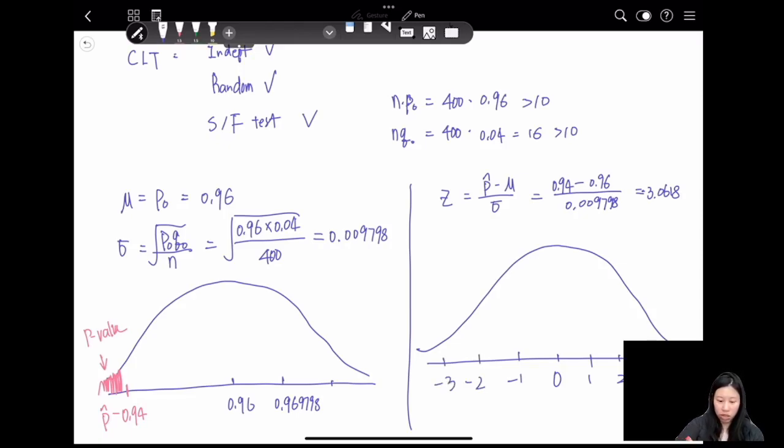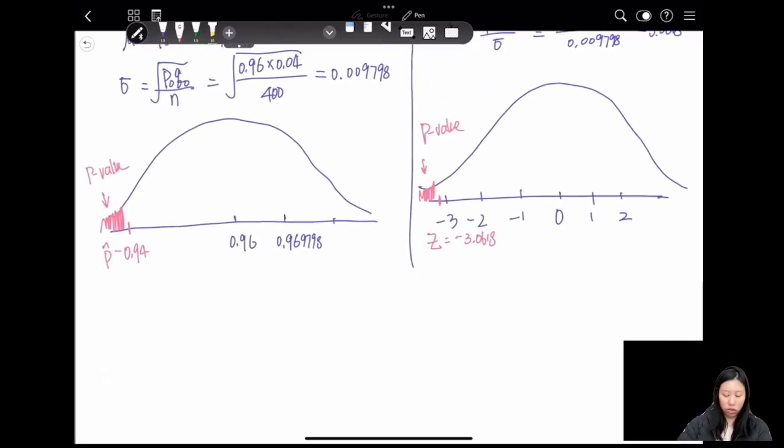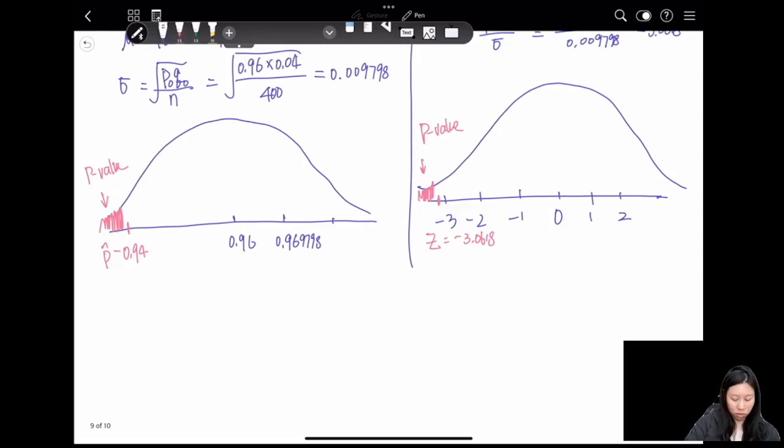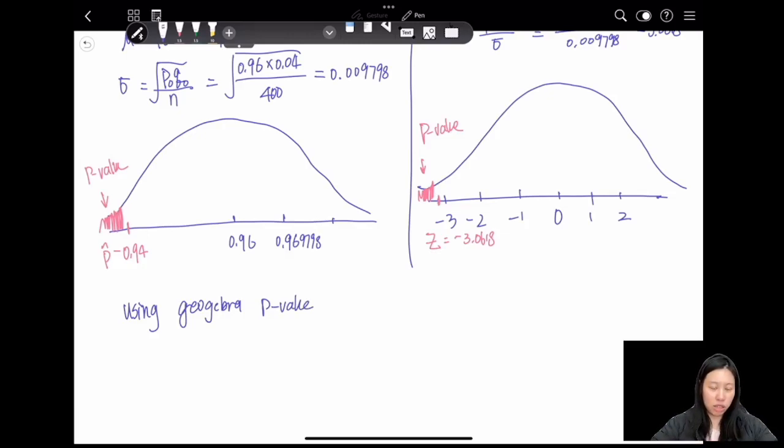So our z-score is approximately in here. This is z, which is equal to -3.0186. So here is going to be our p-value. And then we use GeoGebra to find the p-value.